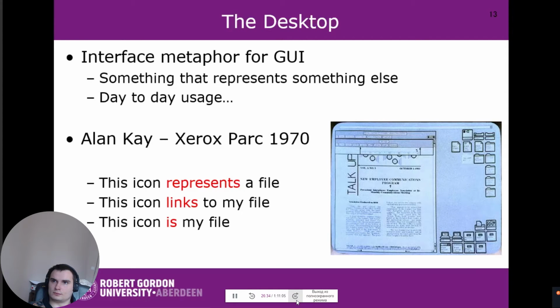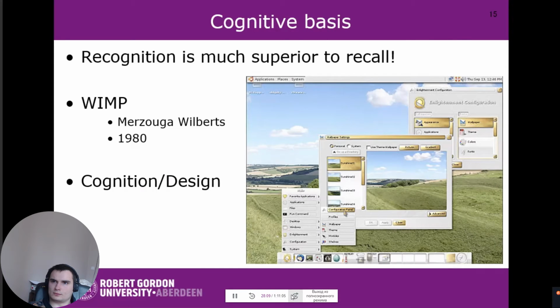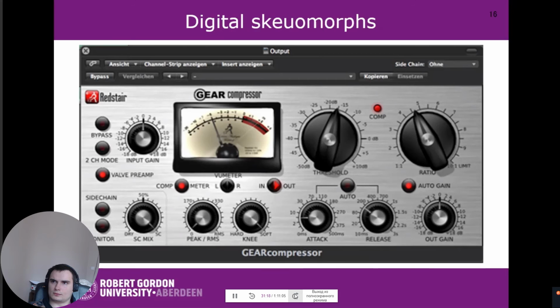Smalltalk in 84 was obvious because it had been studied for a long time that human recognition is much superior to recall. This is pretty extreme, but you can see how, if you are designing something with strong physical metaphors, you can use this approach to make a bridge to the users.